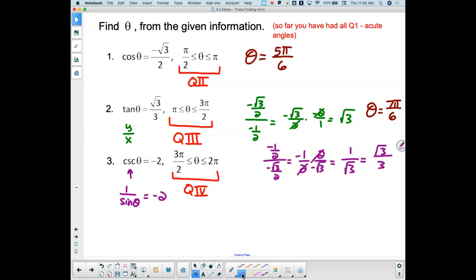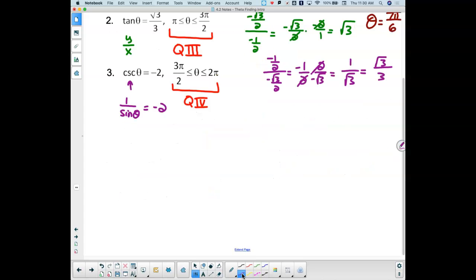Well, if I reciprocate this left side, what do I get? I take the reciprocal of 1 over sine. I get sine of theta over 1, right? So that we will just call sine of theta. Well, if I reciprocate one side, I got to reciprocate the other side, right? Yeah? So what's the reciprocal of negative 2?